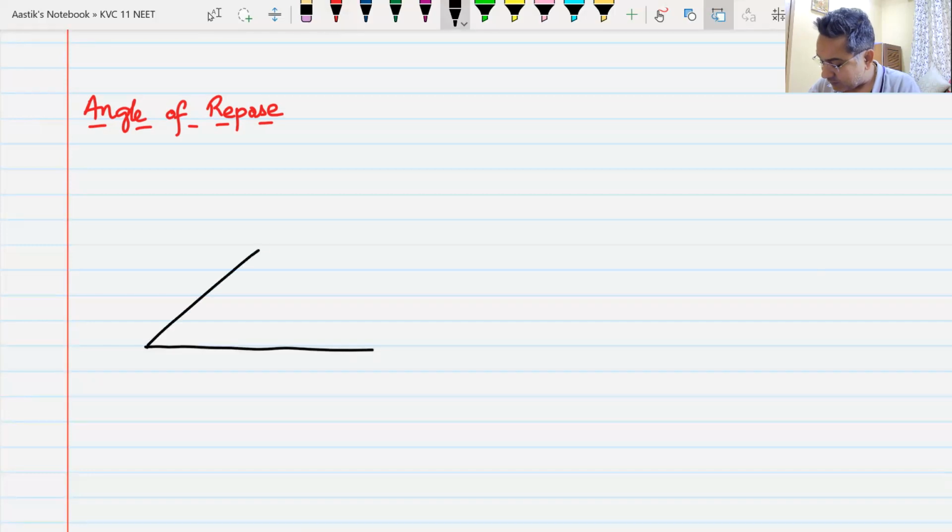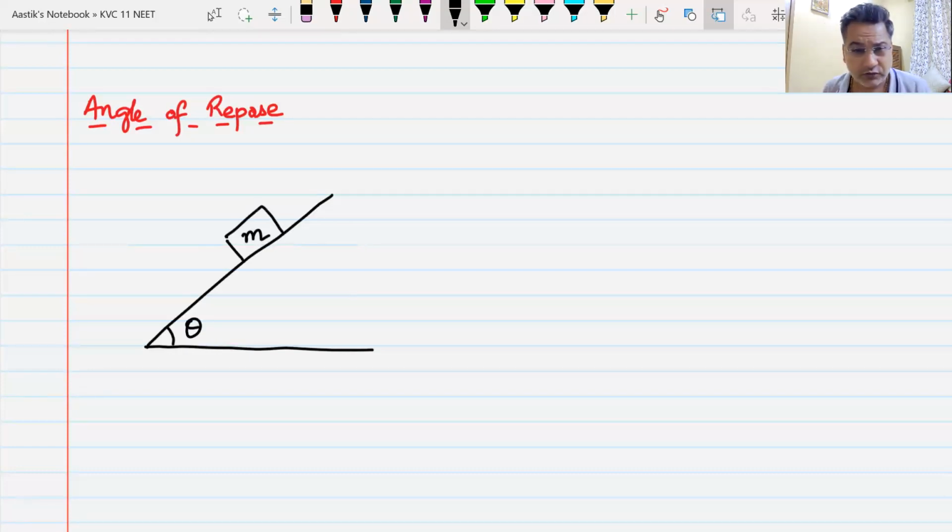So what you have is an inclined plane, inclined at an angle of theta. Now you have a block of mass m kept on this plane. In this experiment, this angle of inclination theta can be changed. You have arrangements so that you can change this angle theta.